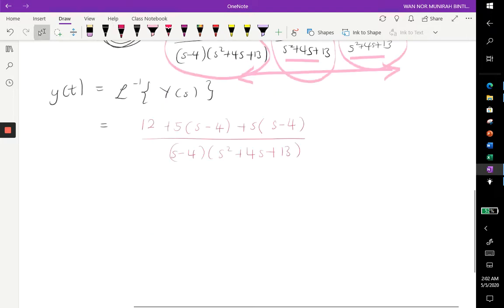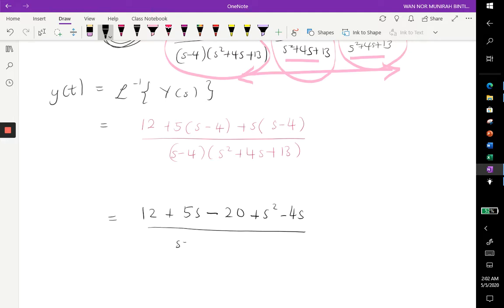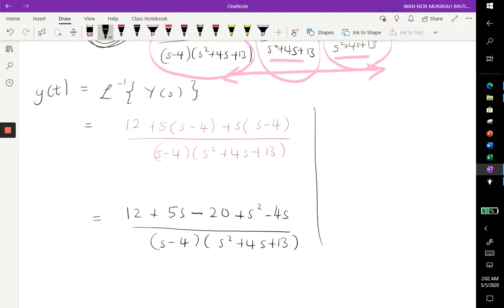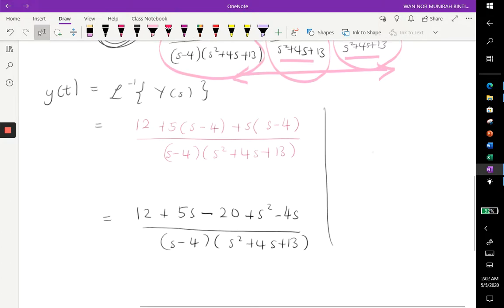Right, so I have 12 plus 5s minus 20 plus s squared minus 4s over s minus 4, s squared plus 4s plus 13. I don't want to factorize s squared plus 4s plus 13 yet, because I choose to solve this one by using partial fraction. And at the end of the day, I know that after this I need to apply the first shift property again to my solution. But it's okay, so we continue. Okay, continue below.